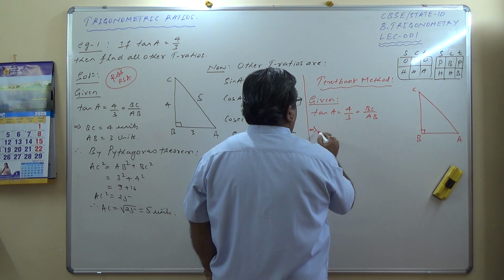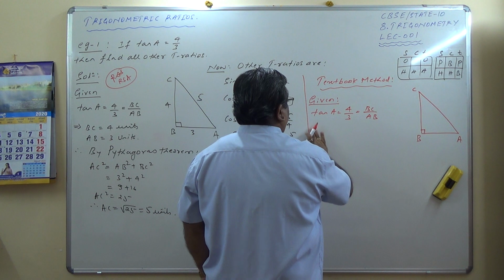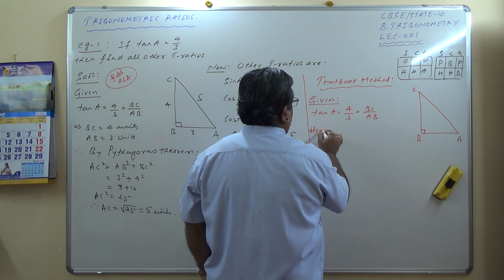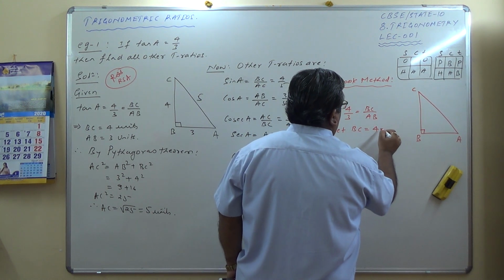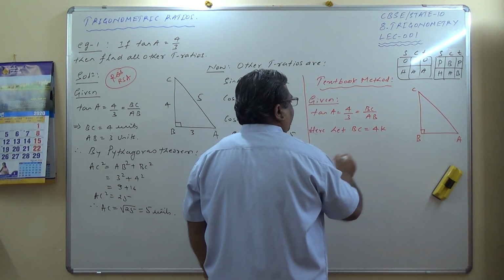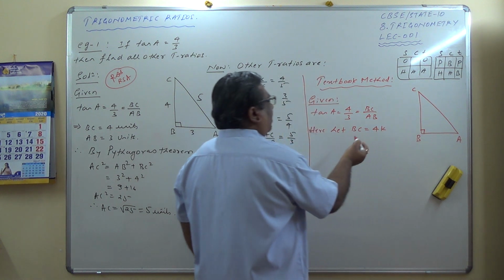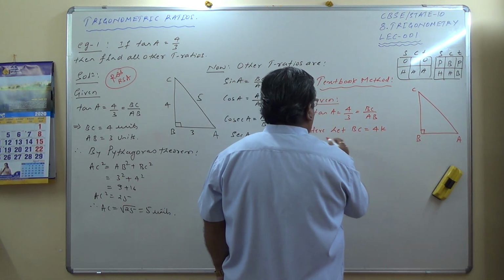Or you can see here, let BC equals 4K. You can write units also, or simply you can say let BC equals 4K.